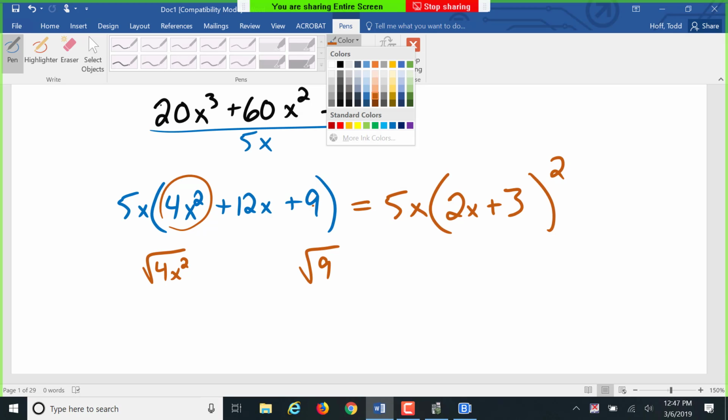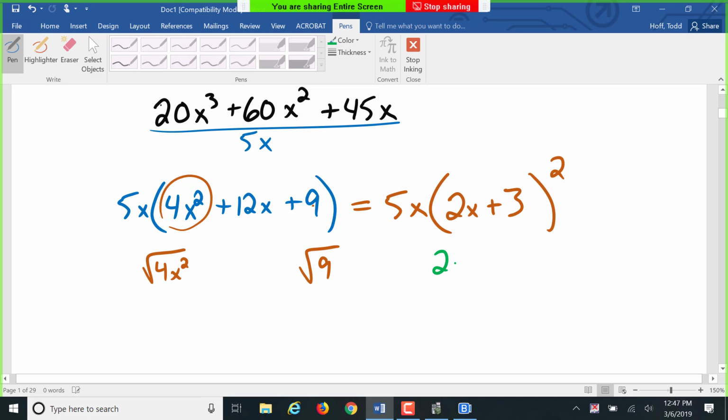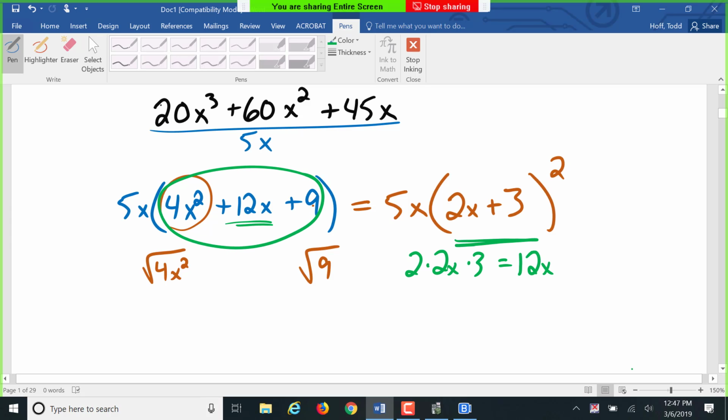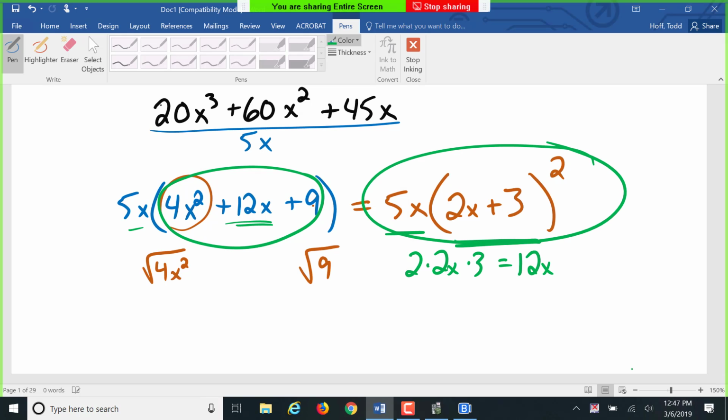Plus. Now let's double check. 2 times 2x times 3 gives us 12x. That is our middle term, so that is correct. This is a perfect square trinomial. So that gives us the 2x plus 3 squared, and then we still have the 5x with it. What do you think? Not too bad?